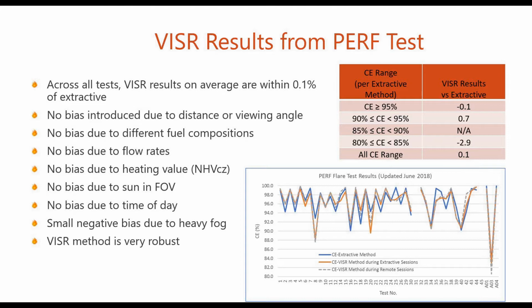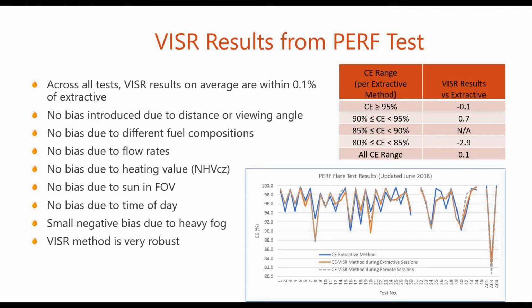Putting the sun in the field of view had no effect on our results, nor did the time of day. The only environmental factor that showed any bias during this test was fog. When we had very heavy fog, it tended to put a small negative bias into our VISR result to the tune of 1 to 2%.